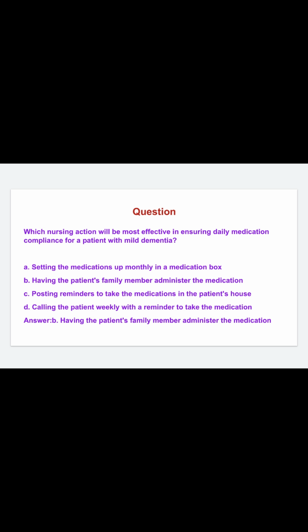If they need to take the medication in the morning, maybe they take it and then forget, and take it again. You don't want the patient to get double doses or no medication at all. That's why it is safer if the family member gives them the medication, so they can keep track of it.